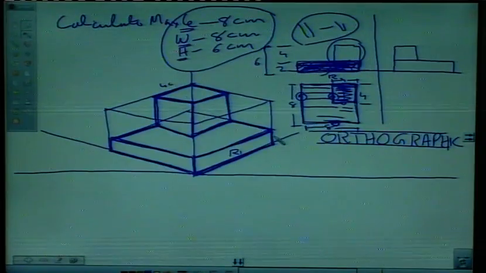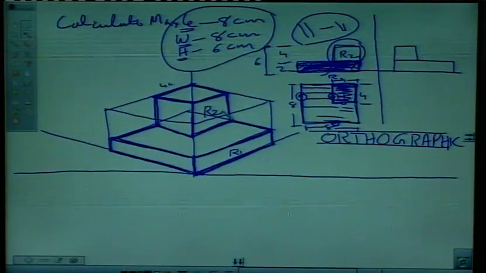And in elevation we are seeing this square which is 4 by 4. Say this is R2, so this surface here is R2. In plan we are seeing one square in this corner. This is basically the top of the cube. So this is T1.